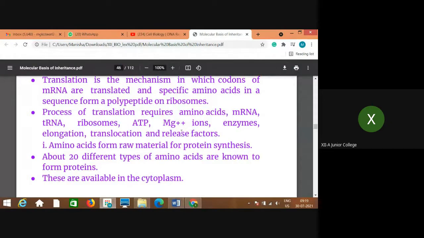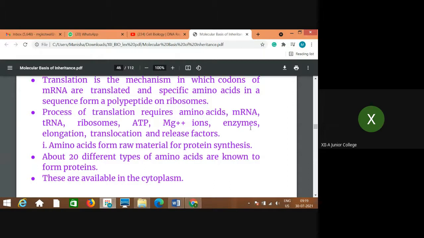And Mg ions are also required for the ribosomes. When they are not involved in protein synthesis, they exist as two subunits, larger and smaller. But when the actual process of protein synthesis starts, these two subunits join, and for that these Mg ions are required.